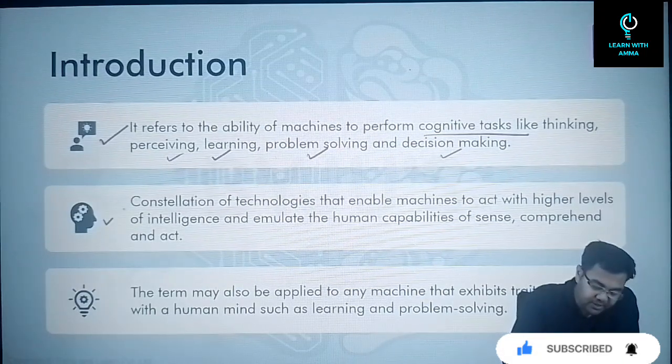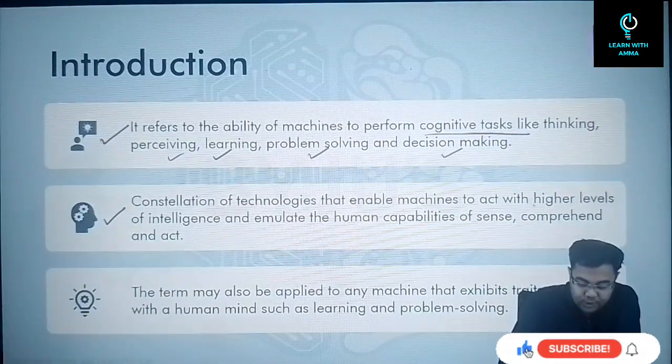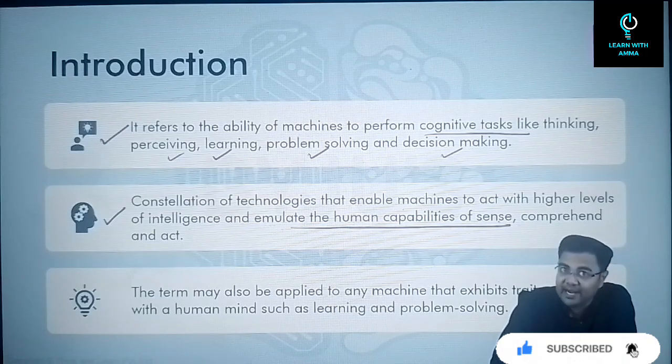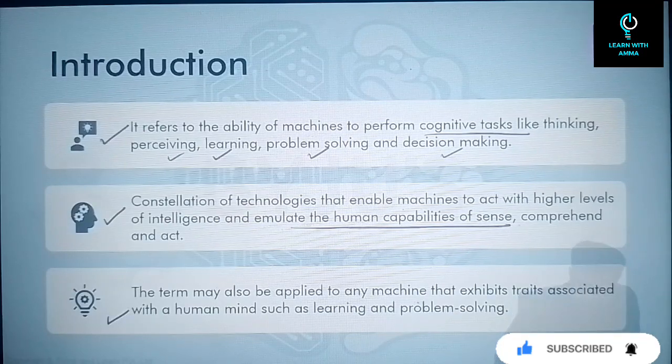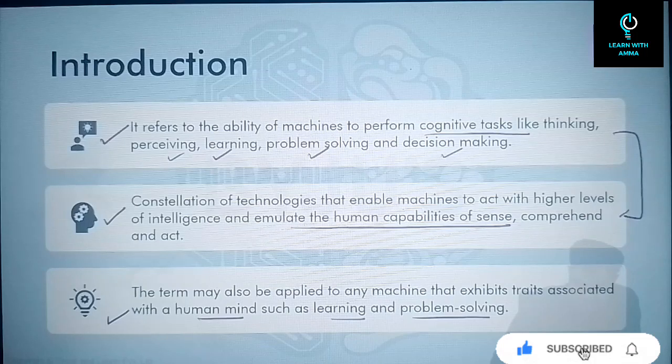Then another way in which it can be seen is as a constellation of technologies that enable machines to act with a higher level of intelligence and emulate the human capabilities of sense, comprehend and act. Then the term may also be applied to any machine that exhibits traits associated with the human mind such as learning and problem solving. So if you see, all these three different definitions are saying one and the same thing, correct?